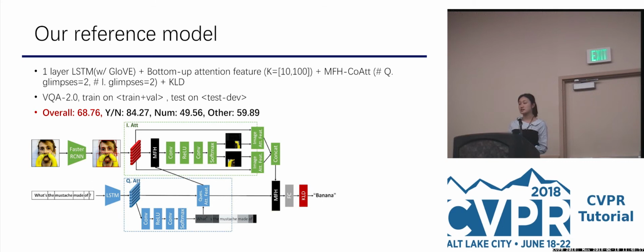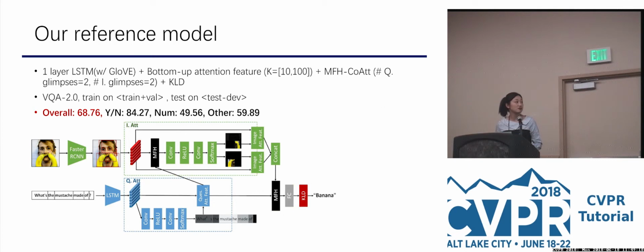By integrating the state-of-the-art implementations together, we have the model shown as follows. We regard this as our reference model. First, question attention is fed into visual attention learning. Double glimpses of question attention and visual attention are learned and concatenated to get complementary information.